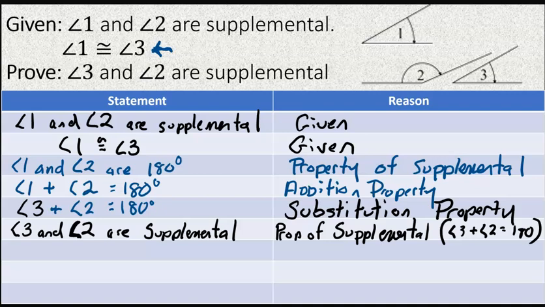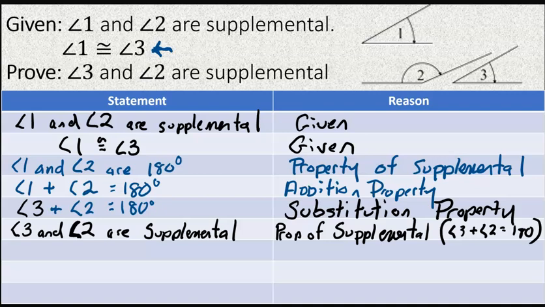Okay, so just like with the given, which I stated earlier, you do not want to abbreviate or summarize. I also wrote the conclusion, or the proven statement, at the bottom verbatim. That's very important. Now for my reason. Well, I know that a property of supplemental angles is that they will add to 180 degrees.